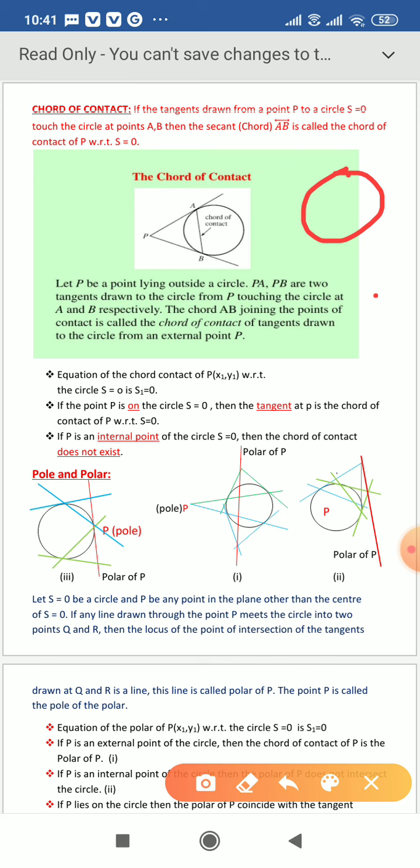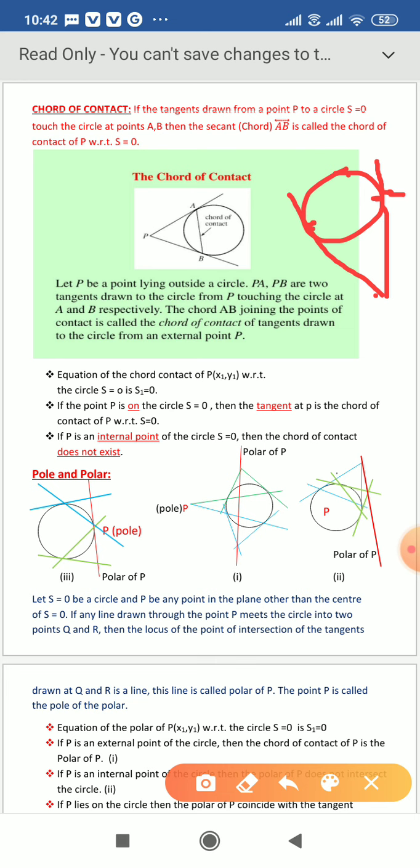This is a point P, an external point. From this point, we draw two tangents like this. These two tangents touch the circle at this point A and this point B.